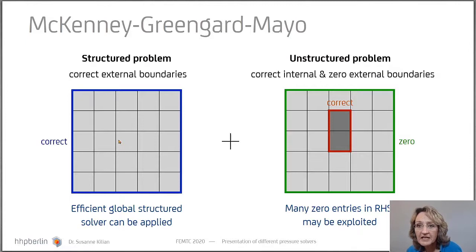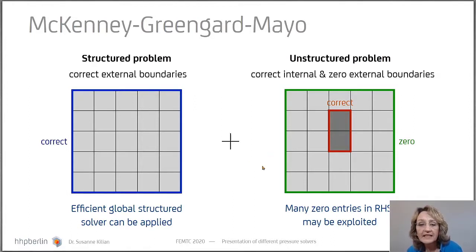Based on this, a second pass has to be performed, which is based on the correct internal boundary conditions, but with a zero external boundary. If both solutions are summed up, we get really the global solution, which is correct at both the internal obstructions and along mesh interfaces.